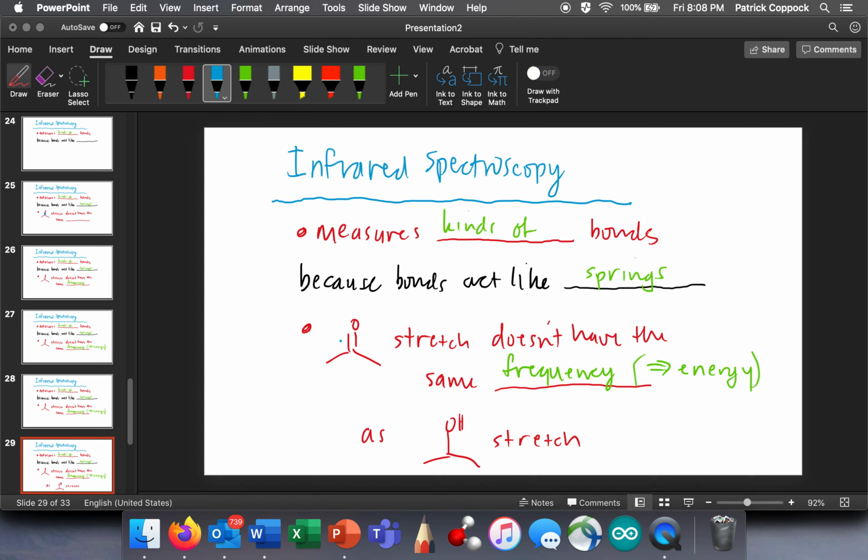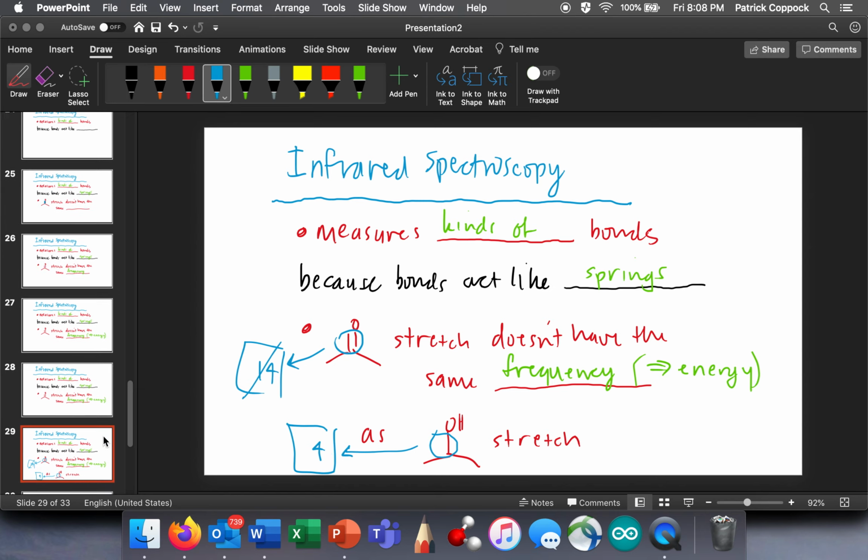So this bond right here acts differently. If you consider them to be springs, they act differently because they're different bonds, right? So can you see that if I get, say, a signal of 14 when I measure a double bond, and I get a 4 when I measure this over here, and suppose I get a readout and it says 4, instead of 14, I'm going to go, oh, I have an alcohol, right? Because it says 4 instead of 14.